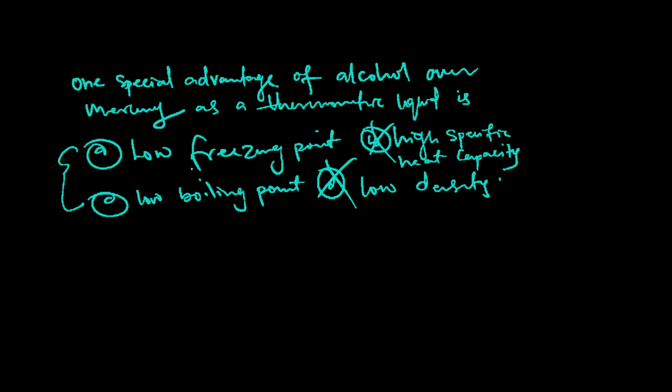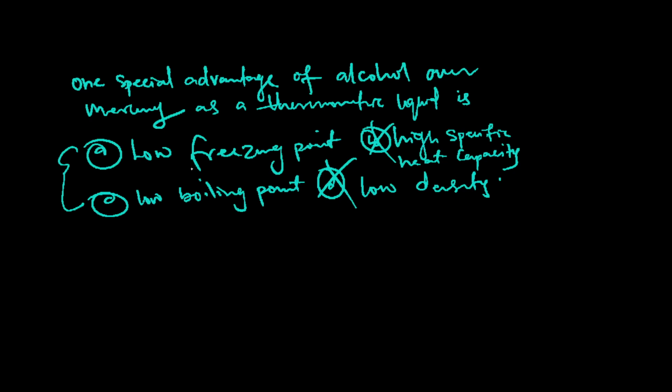But alcohol can measure up to minus 112 degrees Celsius. That means it has a very low freezing point. Before alcohol can freeze, it has to get to that particular temperature, which is very low. So that enables us to use alcohol to measure a very low temperature. It's going to detect it. Are you getting that now?